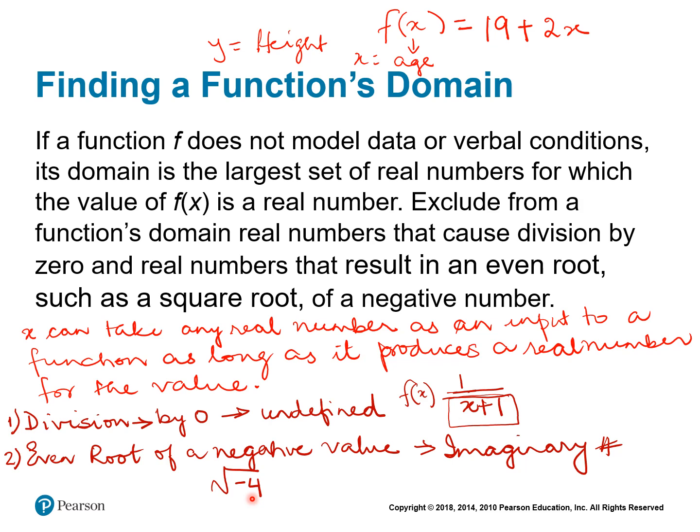It is not a problem. For example, the cube root of -8 is -2, right? But only when it's an even root, we have to make sure that the radicand is never negative. It has to be a value greater than or equal to 0.